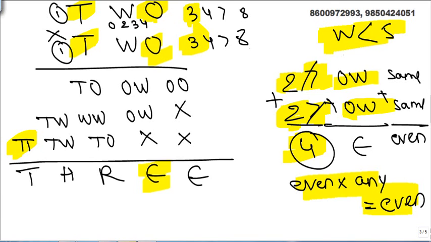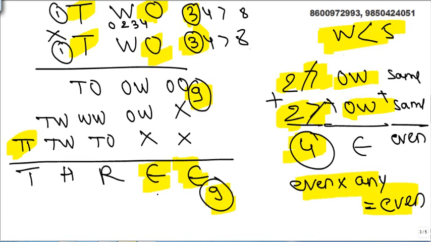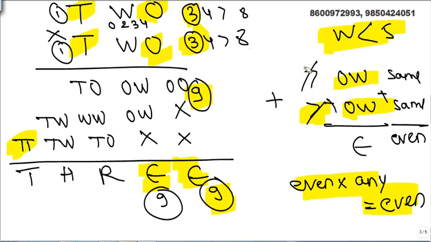Let's quickly check if we try O as 3. 3 into 3 is 9. So now if E is 9, this E should also be 9. Now we want this time E to be 9.